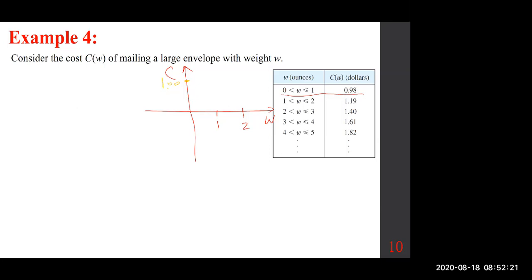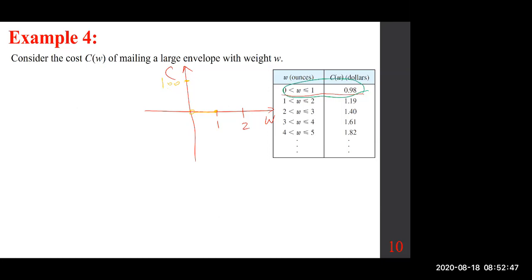So along the x-axis, I'm looking at this portion. This is along the x-axis. 0 is not included, 1 is included. So what would be the graph? Just for this portion, nothing else.